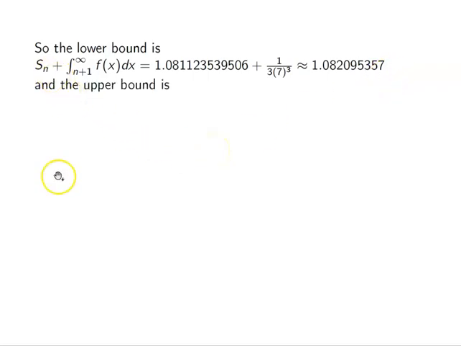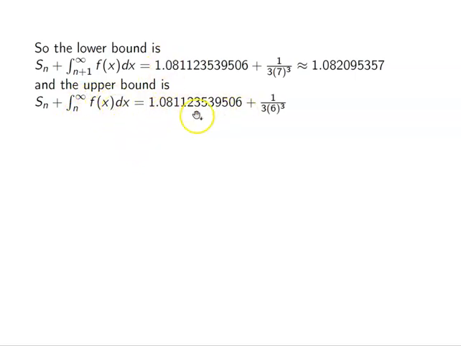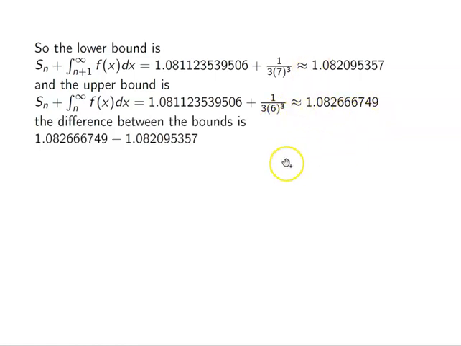The upper bound is given by Sn plus n to infinity of my function. So I know to the six terms being added together, and then this is from six up, which gives me 1.082666749.